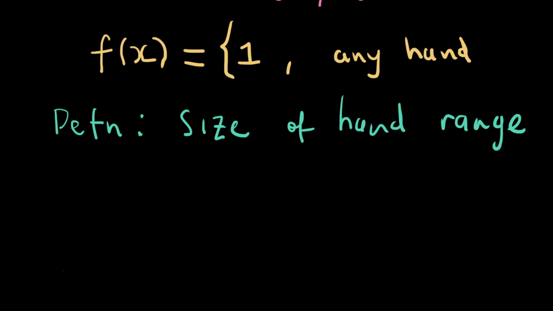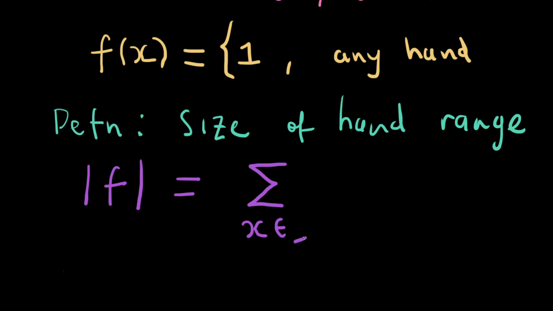The size of the hand range, we can call that the magnitude of f, is simply equal to the sum of all possible hands in the starting hand range of f. And let's have an example of that, just looking at the size of the hand range.